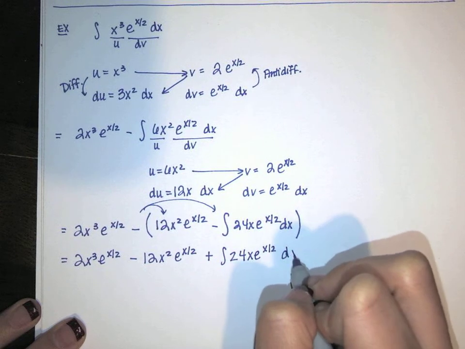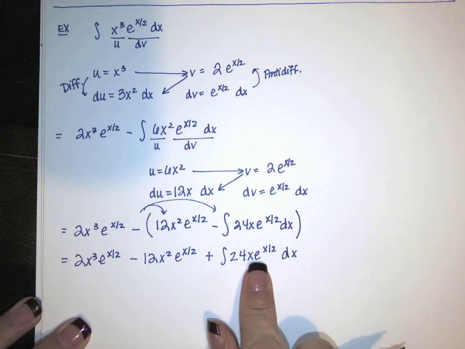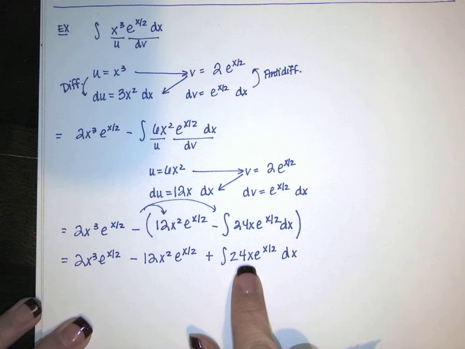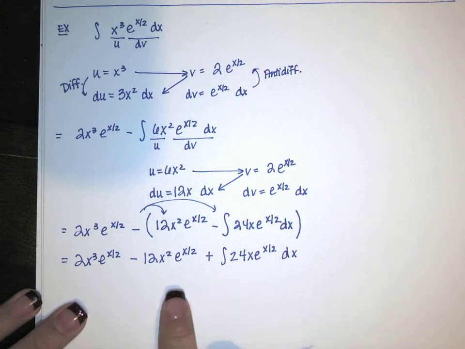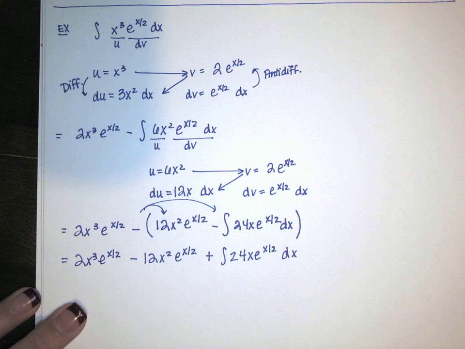Then I look at this and I say, do I have a rule for that? No, I don't have a rule for that because of the x. U sub also does not work. So we're going to have to do something else. Again, we're going to use integration by parts. Notice the degree of the polynomial went down by 1 again, because when I took the derivative of this quadratic, I got a linear polynomial.